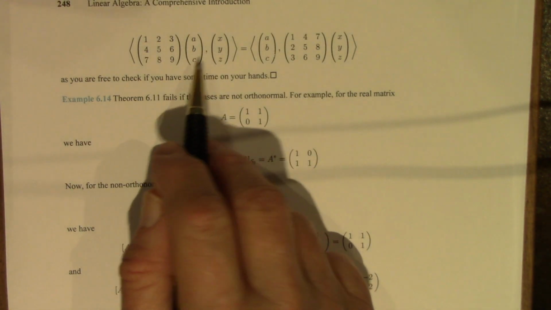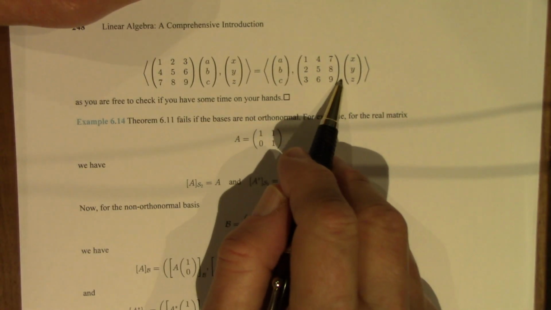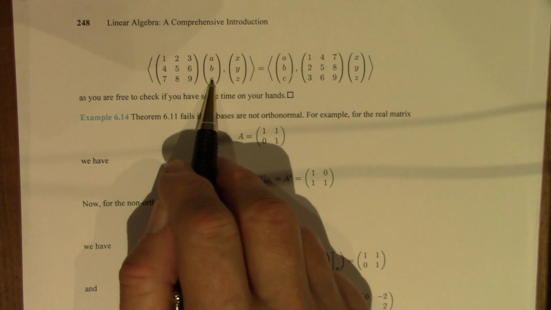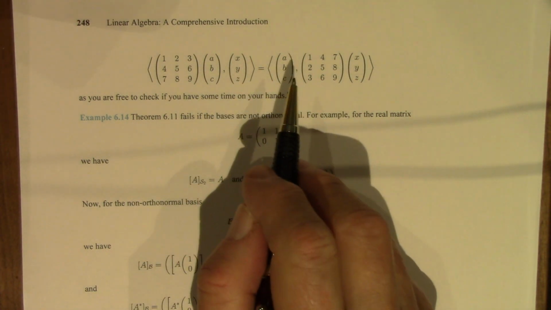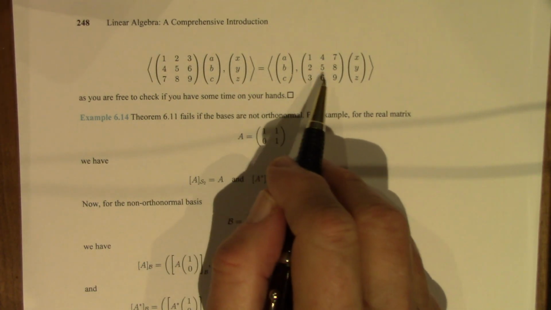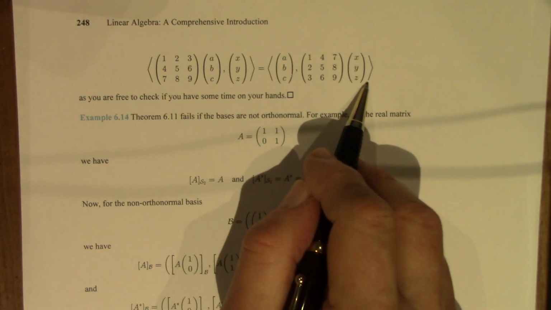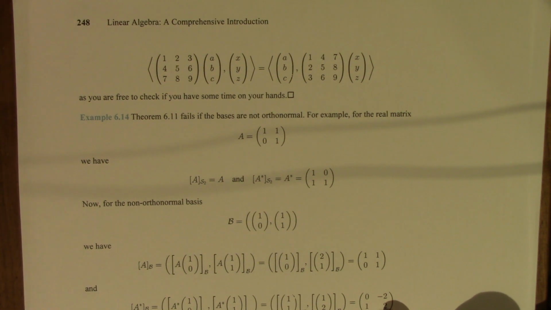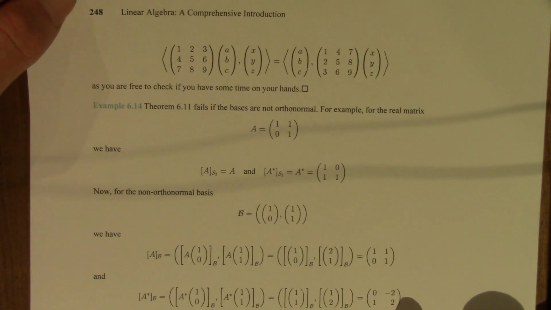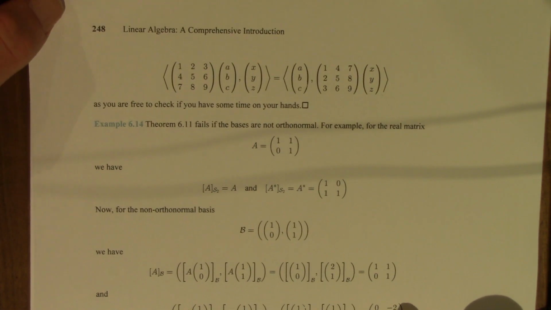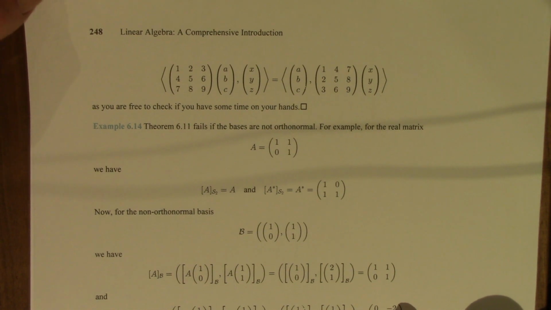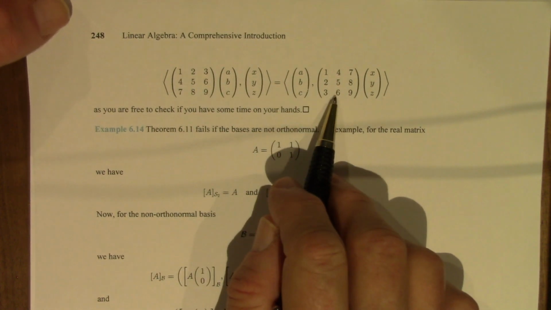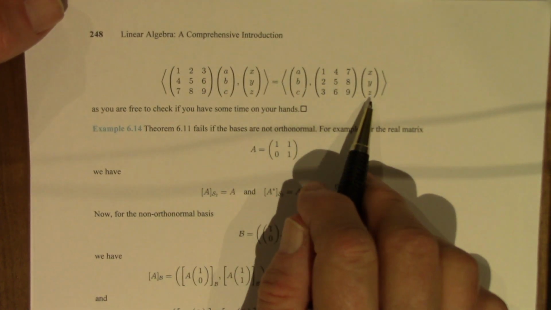So this is the definition of the adjoint. This is the inner product of A u with v equals the inner product of u with A star v. That's the way the formula looks. So we use the constructive approach to getting the adjoint, and then put that value into the definition of adjoint.